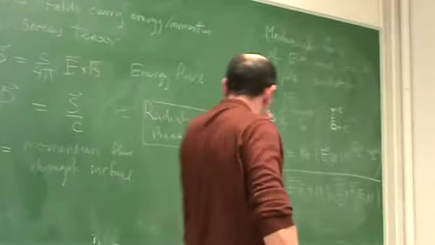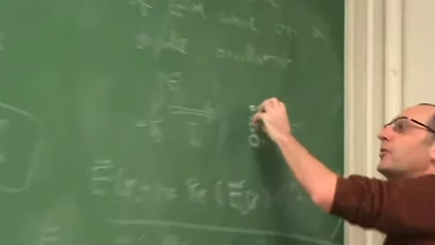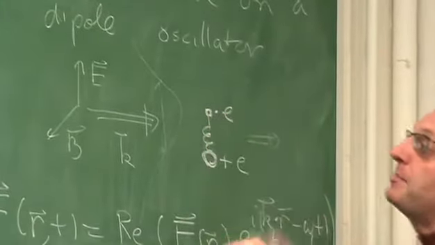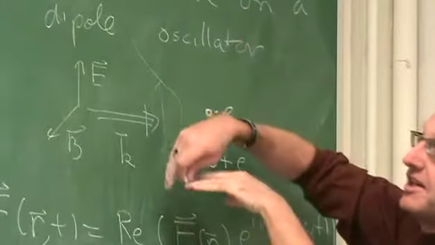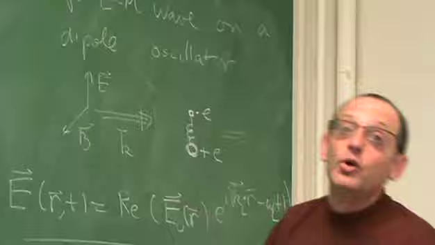So again, if I assume my bound charges are bound in a region that is small compared to the variation in the fields as a function of position, we can do a multipole expansion.